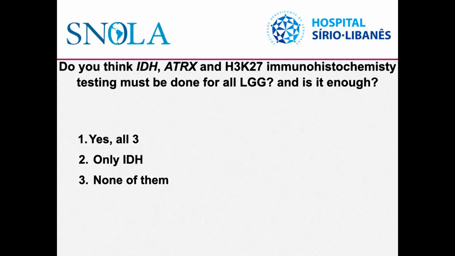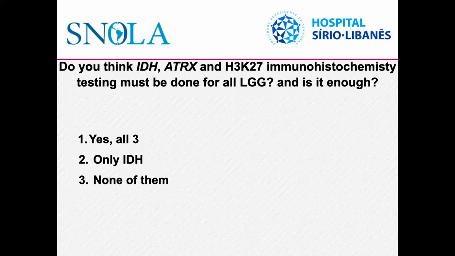So ATRX loss and 1p19q codeletion are mutually exclusive. There are some rare exceptions, but they can be considered mutually exclusive. So usually we do the immunohistochemical stain for IDH, ATRX, and P53. If the tumor is IDH wild type, then we don't worry about 1p19q codeletion, because it has to be IDH mutant in order to be an oligodendroglioma.